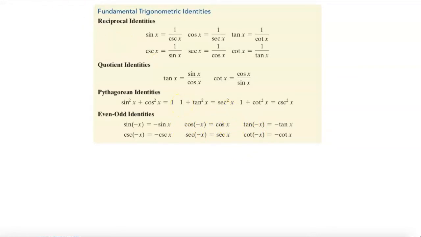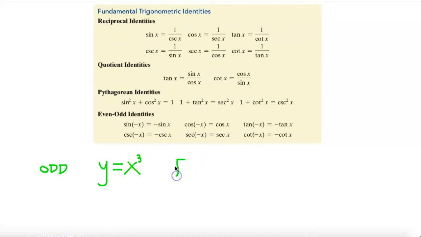Now, let me point out that we are familiar with some other odd and even functions. For instance, the function y equals x cubed is an odd function. And this is easy to remember by the fact that it has an odd exponent.